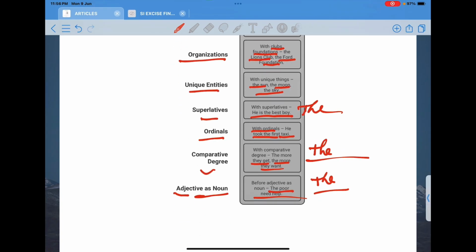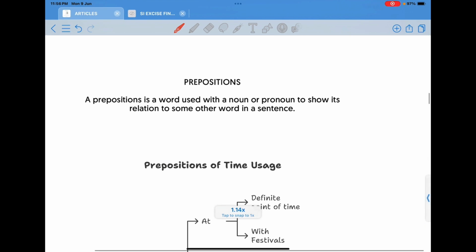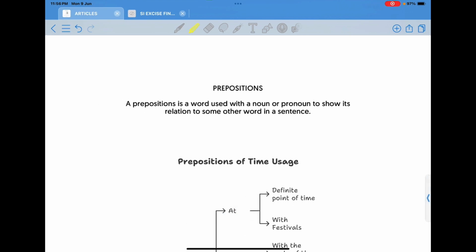Now we will move forward to preposition. Now, what is a preposition? A preposition is a word used with a noun or pronoun to show its relation with some other word in a sentence. So basically, a preposition is used to show any relation in a sentence.